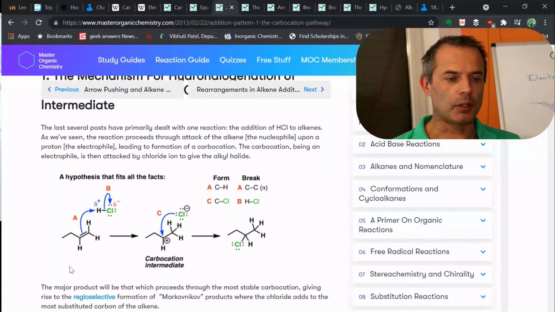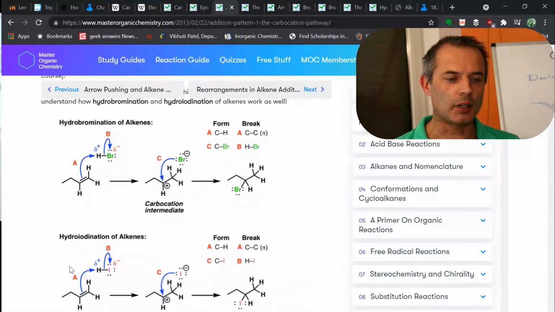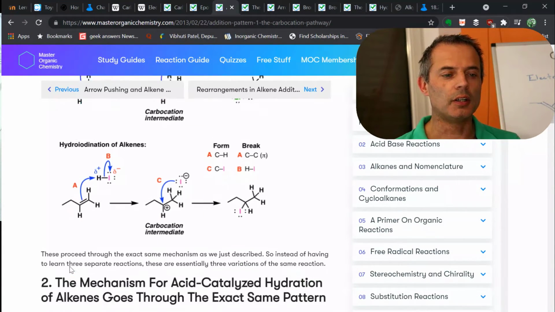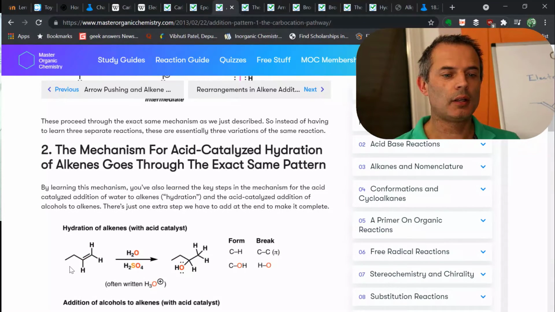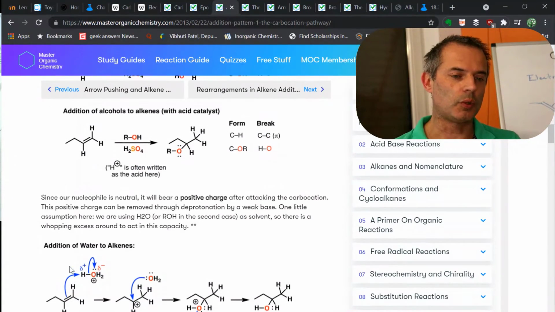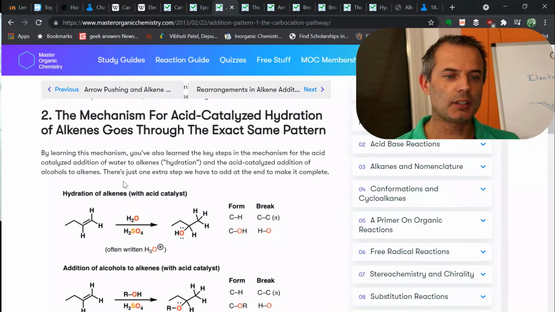So this is going to tell us the same thing again, forming a carbocation intermediate being attacked again from the other side, and that gives us our Markovnikov product typically. And if we do that with hydration, we will get the same product. So they're just saying, if we do it with an acid, then we will acidify, we'll attack with an H+, that's the electrophile.